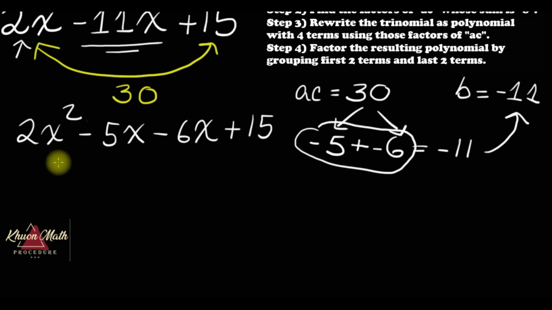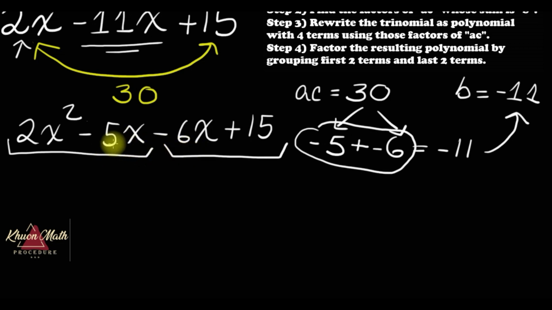Step 4 is to factor this 4-term polynomial by grouping. You're going to group the first 2 terms and then the last 2 terms, so you break this up into 2 groups. You can check whether you're able to factor by grouping by checking the coefficients.